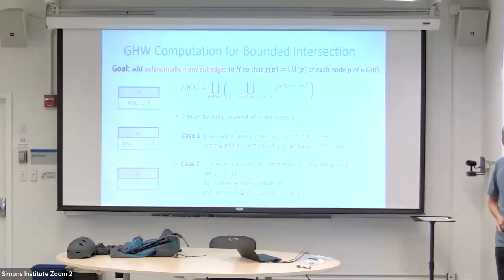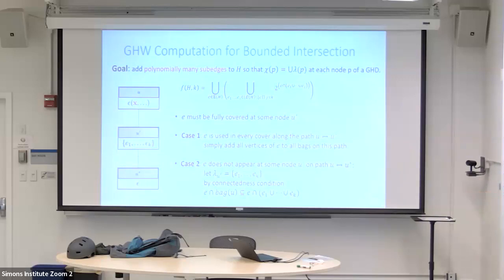Yeah, and what is the idea? Well, suppose that at some node U in the hypertree or generalized hypertree decomposition, we use an edge E in the edge cover, but we want to leave out the variable x. Yeah. What we can be sure is that the edge E must be covered somewhere. Let's call the node U star, which covers the edge. It must occur somewhere.